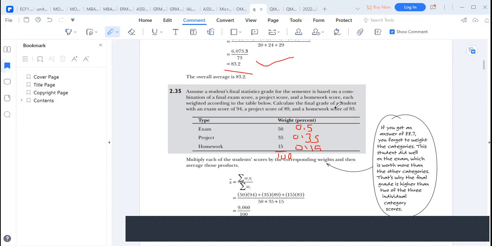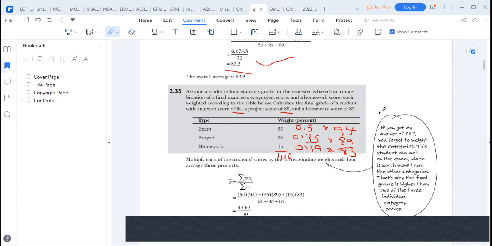The exam was 94, so just multiply this one by 94. Then the project was 89, multiply this one by 89. Then homework was 83, multiply this by 83. So when you multiply this times that, this times that, this times that, the total is your average score.